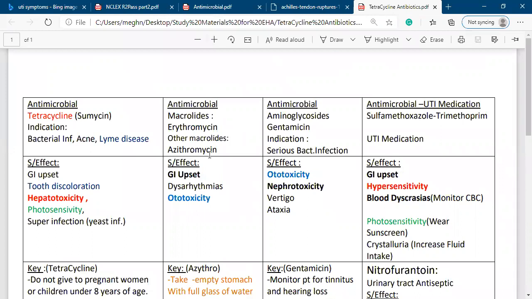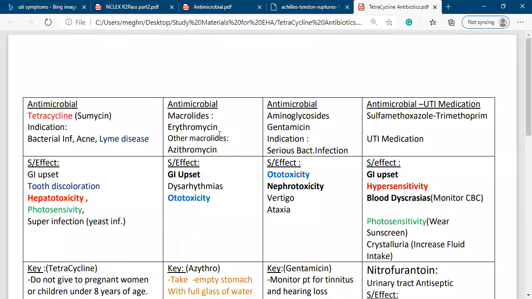If you give an antibiotic like erythromycin, azithromycin, or clindamycin, you have to educate your patient about the side effects, right? Erythromycin is sometimes shortly called E-mycin. Most commonly that's erythromycin. Another most common drug in this category is azithromycin. Okay.